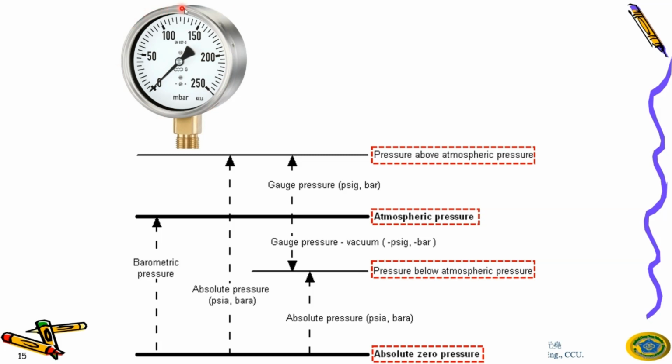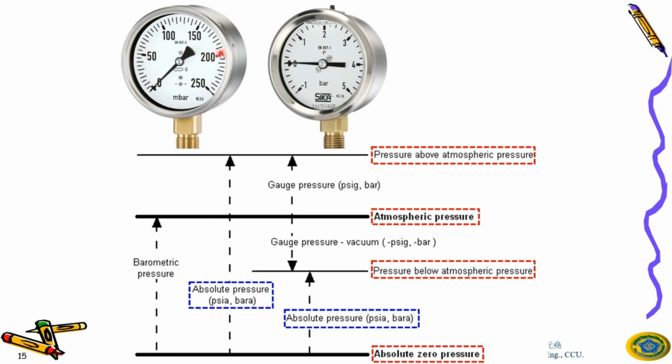If you have a Bourdon gauge and measure the absolute pressure, that means it goes to 0 here. That means you have absolute pressure, which is from here going up, and from here going up. Okay, so you will go up, go up.